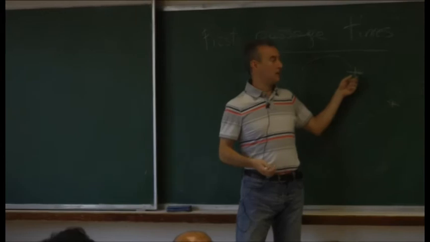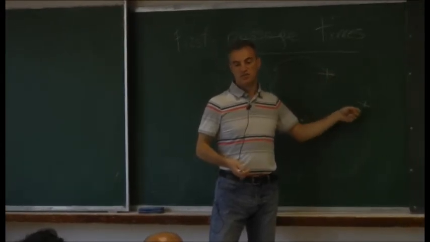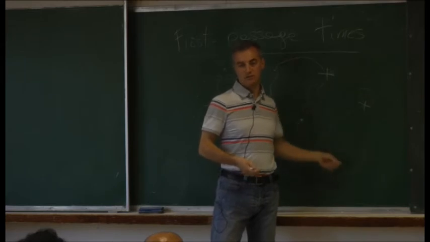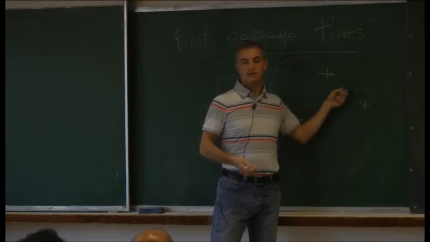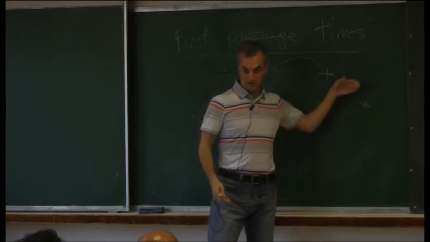But if you want to calculate the probability to get here before getting there, which are called splitting probabilities, or if you have two or more targets, then you would see it's much more complicated, because to avoid counting these trajectories.